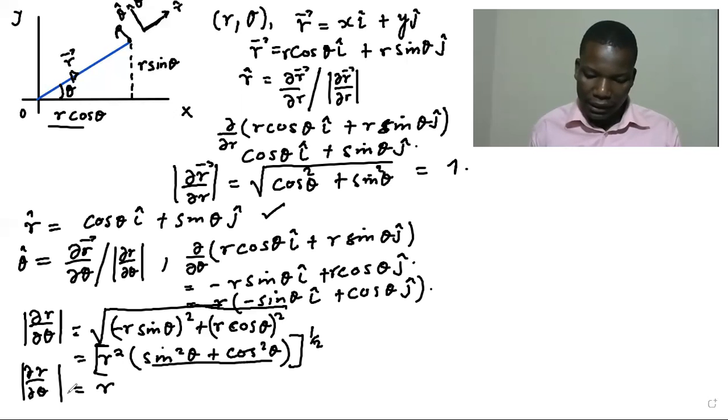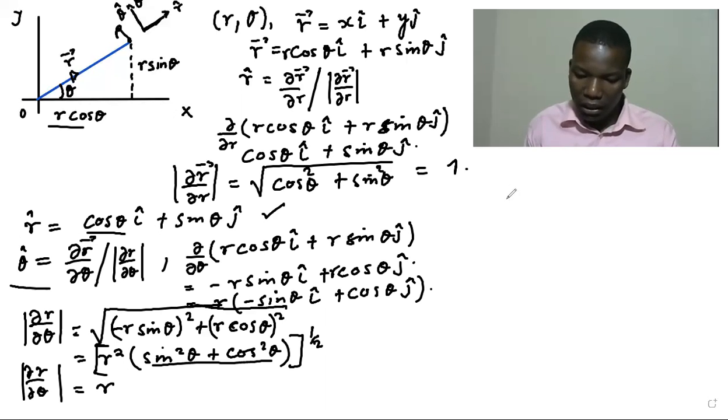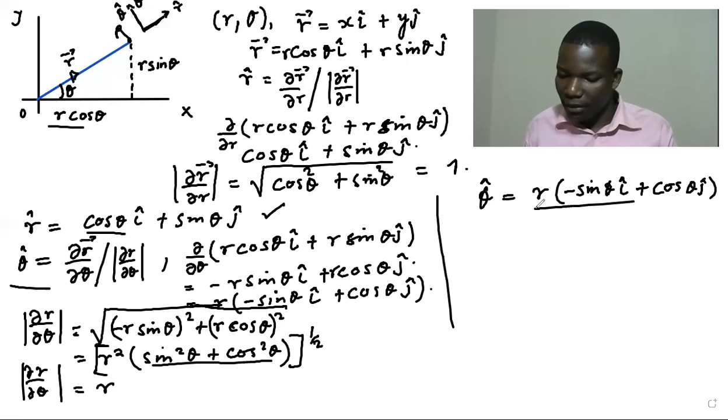Now we come to this part where we substitute. The unit vector is given by the change in position with respect to the angle, which is r times negative sin theta i plus cos theta j, divided by the magnitude, which we found to be r.